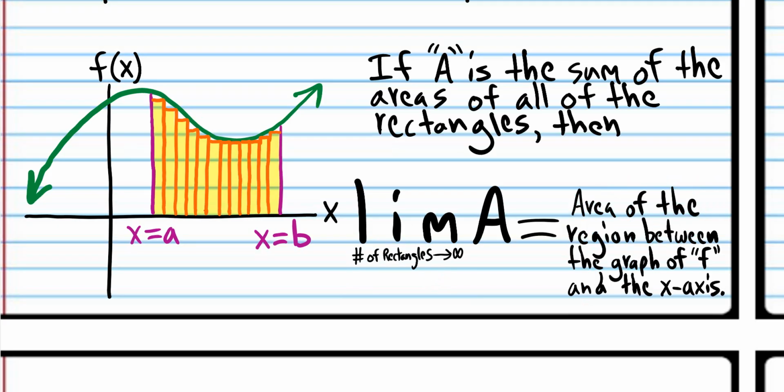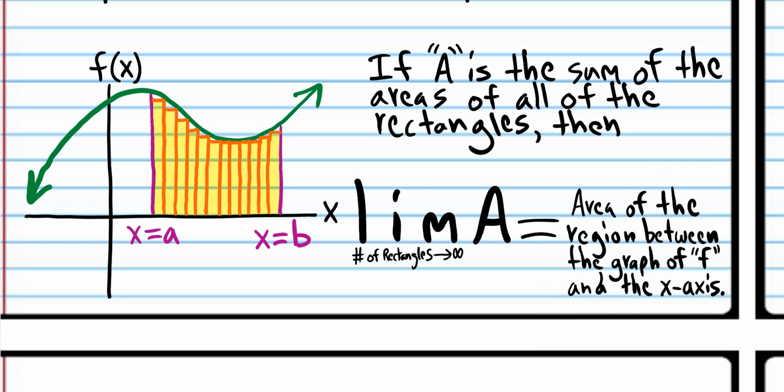Now notice we say the number of rectangles approaches infinity. All that means is that we're just adding more and more rectangles. So what if we get 1 trillion rectangles? That means the number of rectangles is getting really, really big. It's approaching infinity. But the limit of the sum of the areas of the rectangles represents, again, the area under the curve. So that is integral calculus.